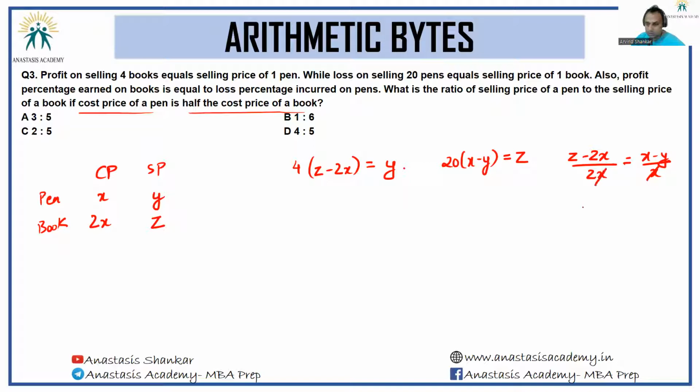So this goes, z minus 2x is equal to 2x minus 2y, or z will be equal to 4x minus 2y.